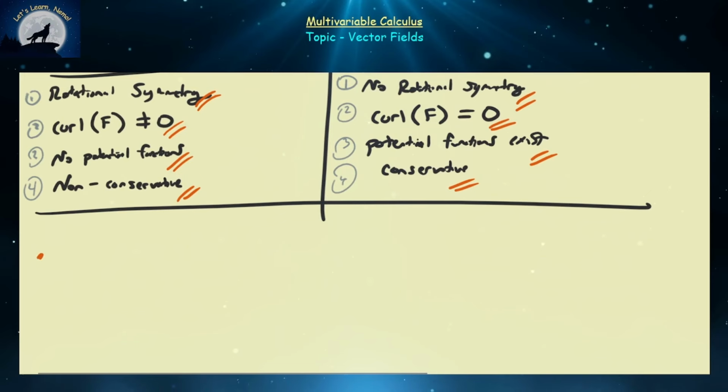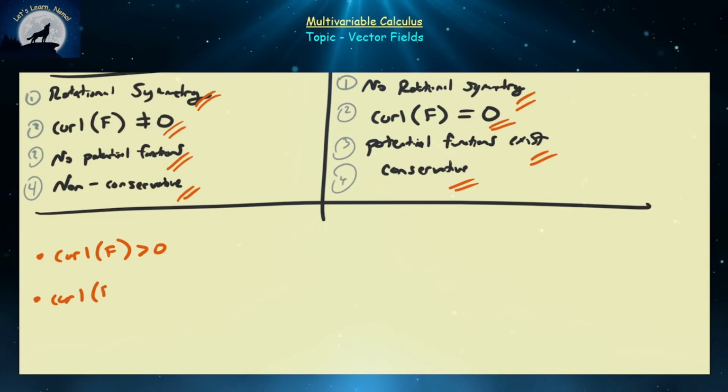A couple little points that I want to mention about the curl when it's not equal to 0. When the curl is positive versus the curl is negative, and this goes back to, why do we define it this way versus another way, say. Usually we like to think of angles in a counterclockwise fashion. So that's why in this particular example, for this particular vector field, the curl was equal to 2, which is a positive number.